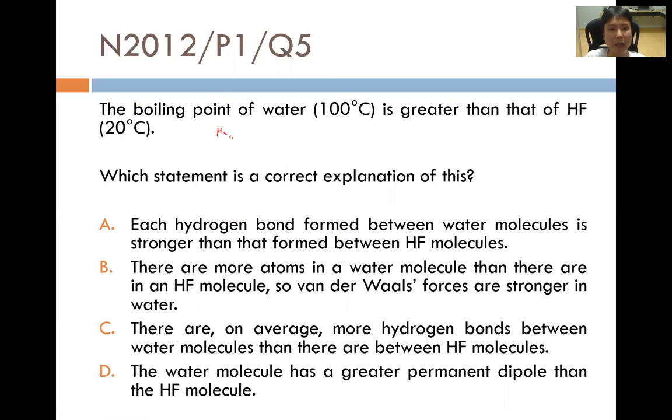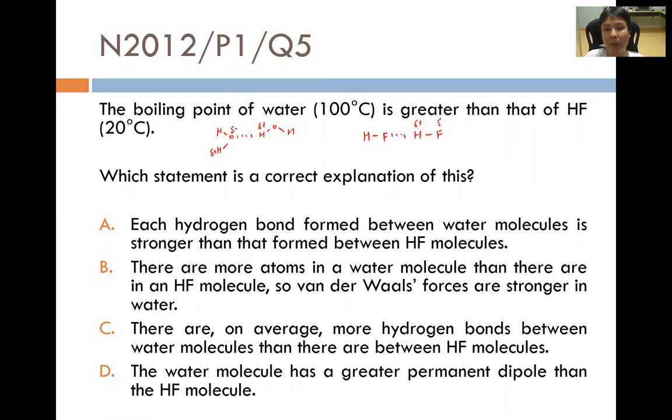If you look at the water molecule, the oxygen is more electronegative than the hydrogen. The hydrogen bonding between water and water will be like this, whereas the attraction between HF and another HF would be like this.